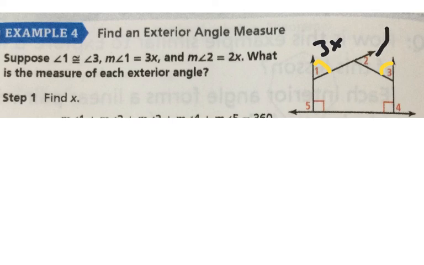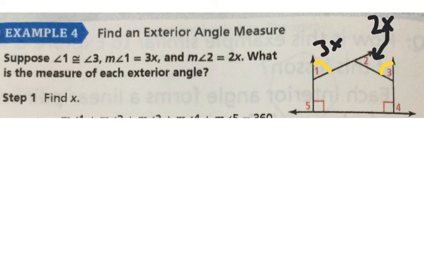So this angle here is 2x. Do we know what angle 3 is? Angle 1 is 3x, so angle 3 would be 1? No. They tell us angle 1 is congruent to angle 3.